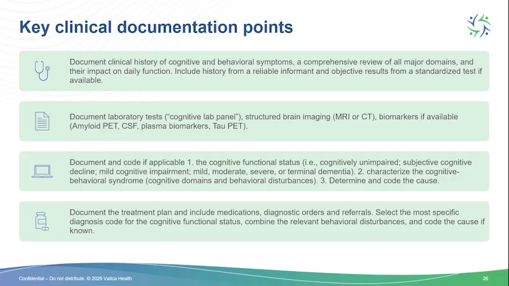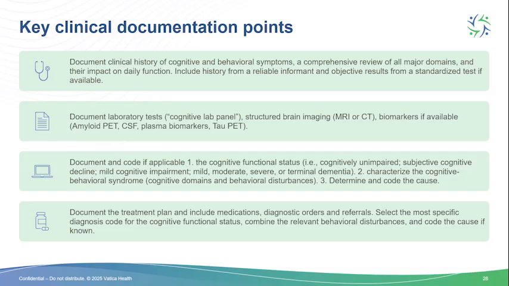Document cognitive and behavioral symptoms, include ADLs, IADLs, mood, any other neuropsych symptoms, and risk factors. Document your mental status exam, dementia-focused neuro exam, and include findings from a validated tool if you have it. Document results from labs and neuroimaging. First-line tests often include the cognitive lab panel and an MRI, and document biomarkers or PET imaging if they're available.